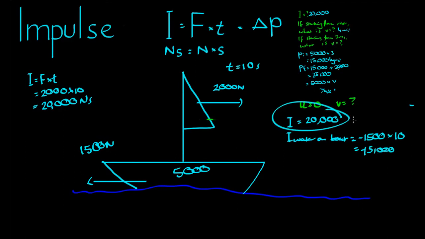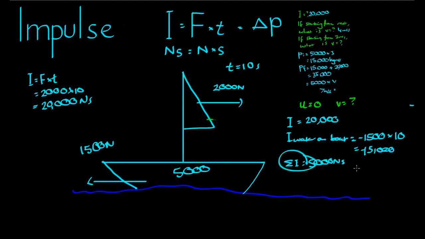So we have a positive impulse and a negative impulse, because impulse is a vector. We can have negative values. So the sum of those impulses, net I, is equal to 20,000 plus negative 15,000. It's 20,000 take away 15,000, or 5,000 Newton seconds.